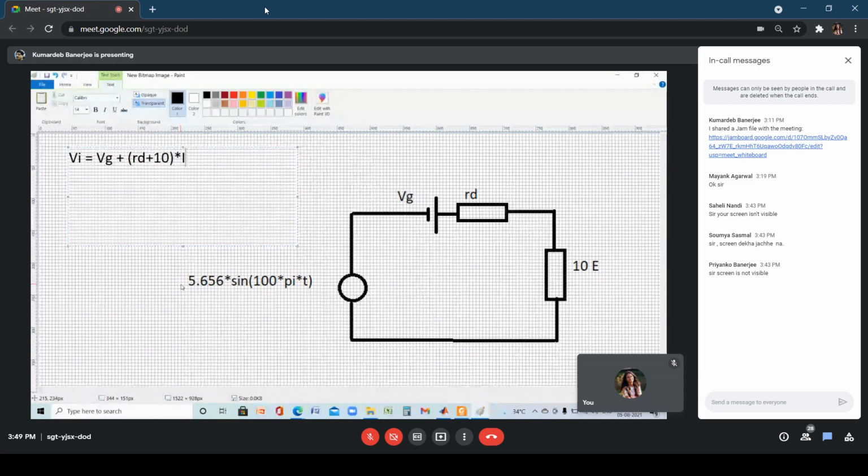Okay. So that means we can always find out the value of I and the conduction angle from this particular equation.